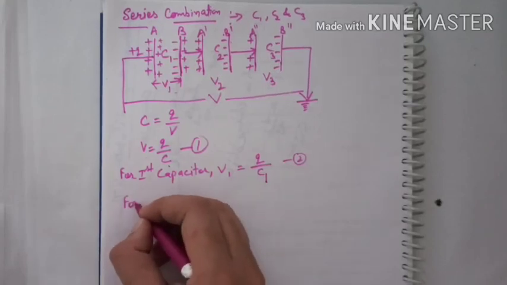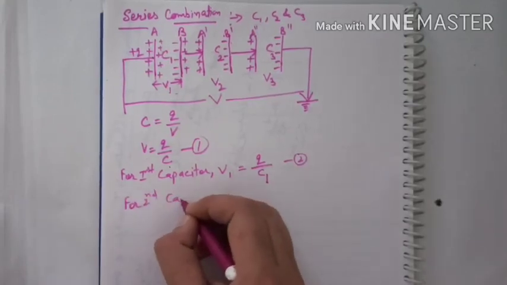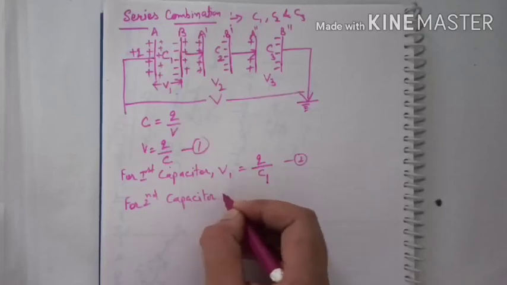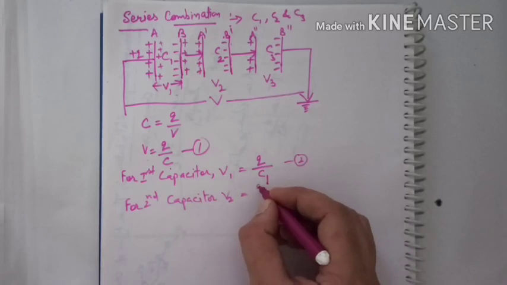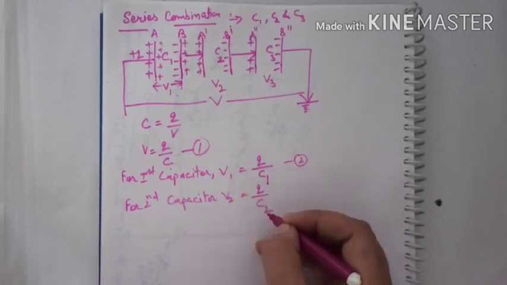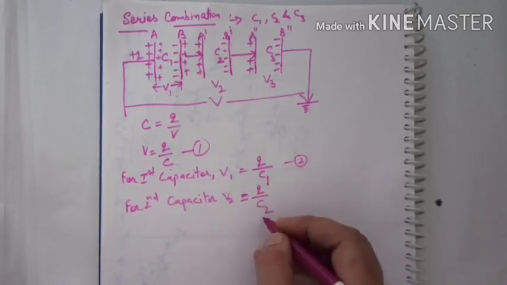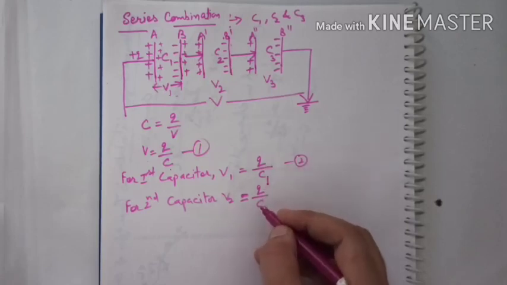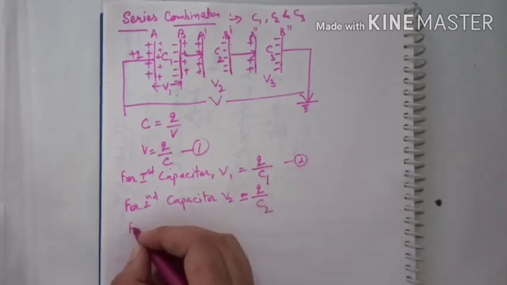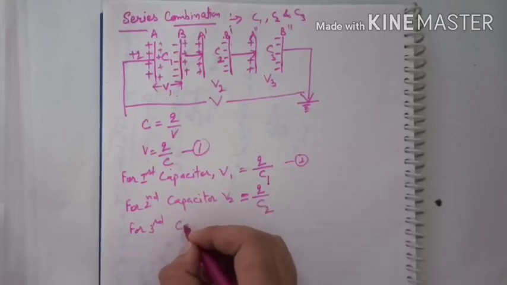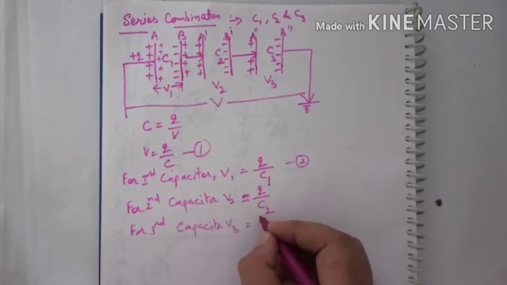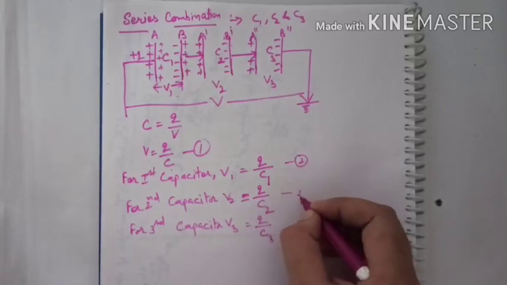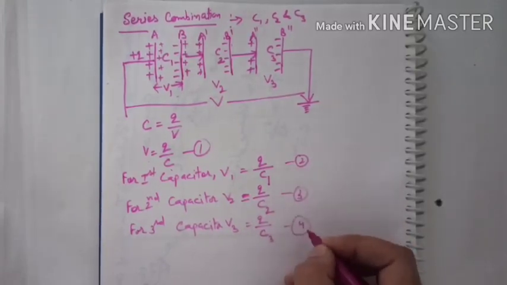Same for the second capacitor: the potential is V2, which is equal to charge per unit capacitance, Q over C2. C2 is the capacitance of the second capacitor. Charge is same for first, second and also third. For the third capacitor, the potential is V3, which is equal to Q by C3. Say that this is equation number 3, and this is equation number 4.